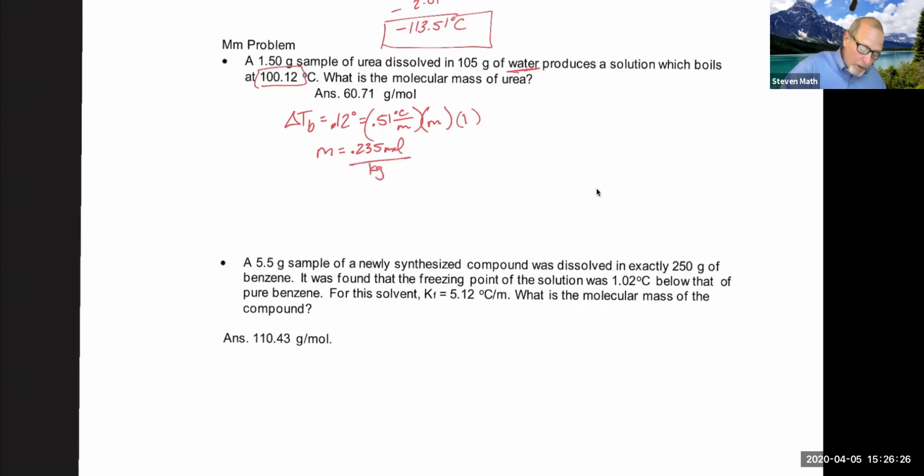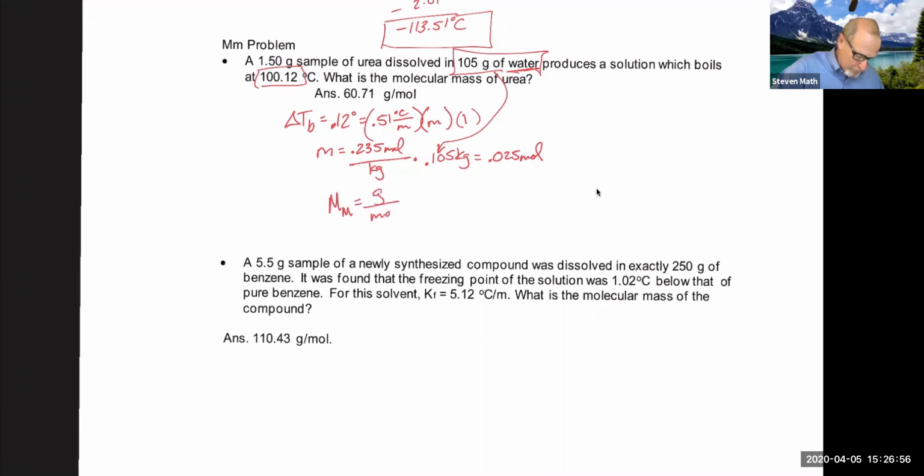And we were given in the problem 105 grams, so let's bring that down, times 0.105 kilograms. I just slid the decimal over 3. And that's going to be equal to 0.025 moles of urea.